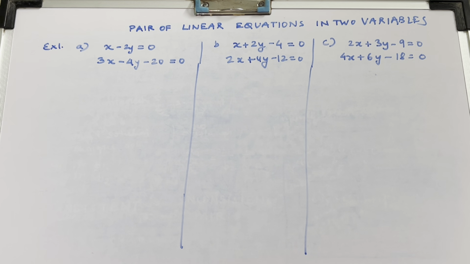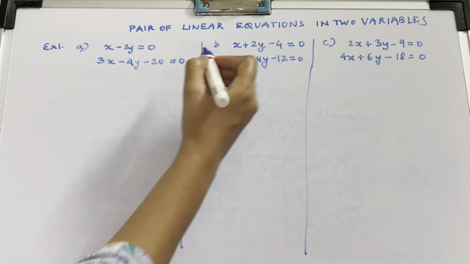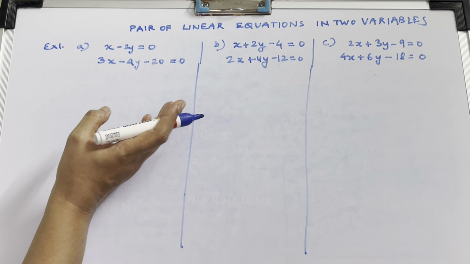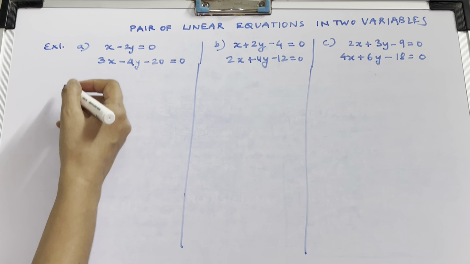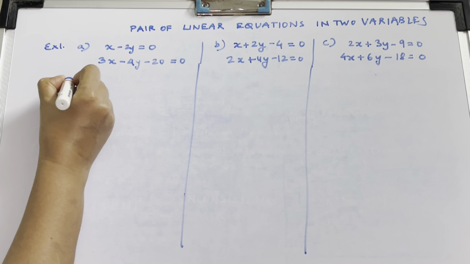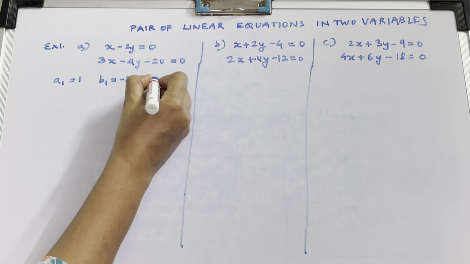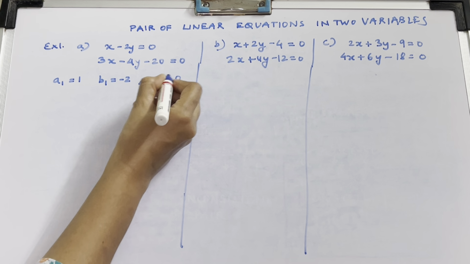First example, I have written 3 sets of pairs of equations. Now we will see what is the relationship between their coefficients and accordingly classify them as intersecting, coincident or parallel lines. In the first example, a1 is equal to 1, b1 is equal to -2 and c1 is equal to 0.